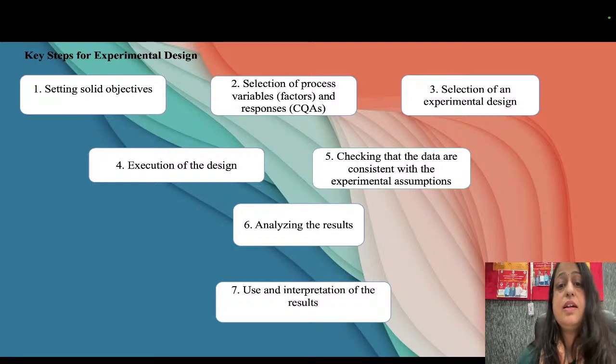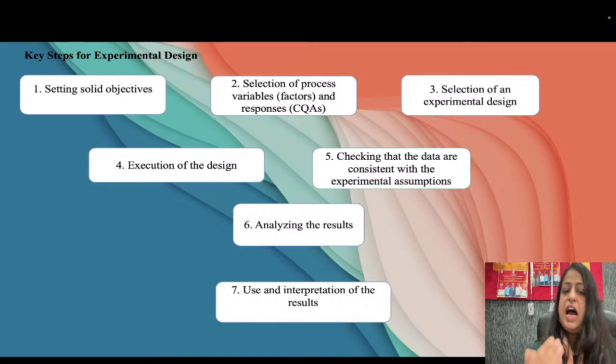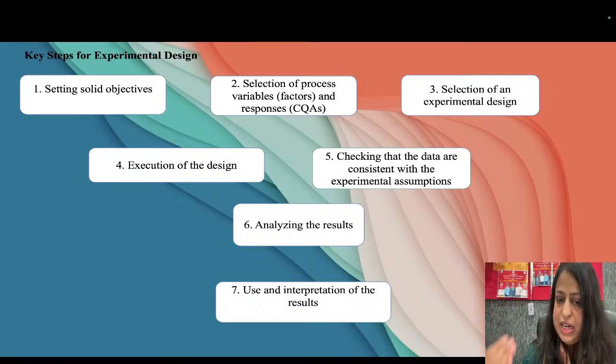Okay, then analyzing the results. In this factorial design, it uses ANOVA for producing the results, right? So I have to analyze whether these results are up to the mark or not, then use interpretation of the results. For example, if I increase the binding agent in the formulation, it has a positive effect on the hardness, right?